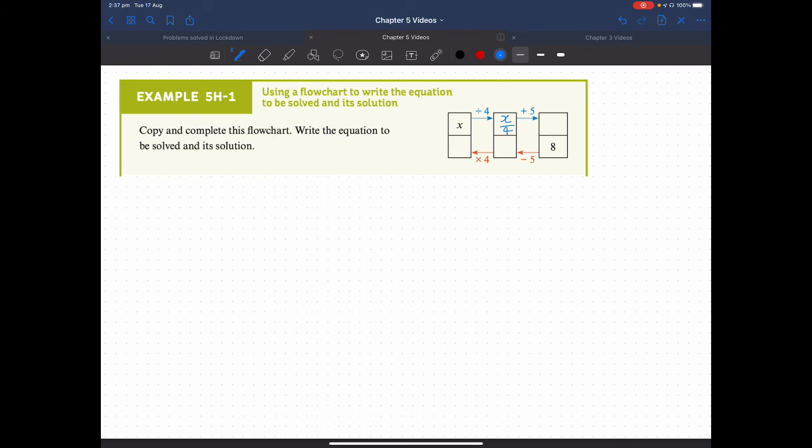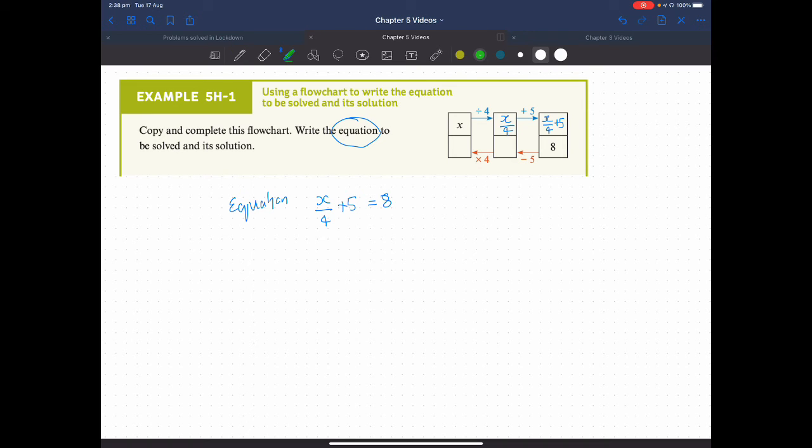We're now told to add 5 to it, so x over 4 plus 5. So it says, write the equation. So the equation is going to be x over 4 plus 5 equals the box underneath it, which is 8.